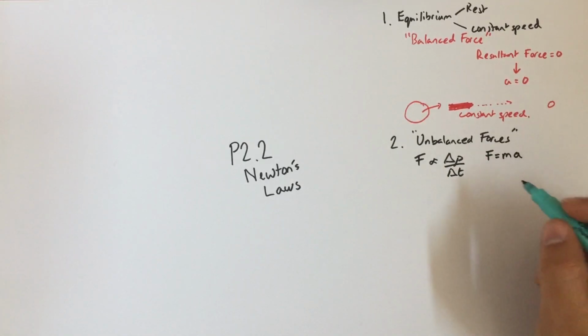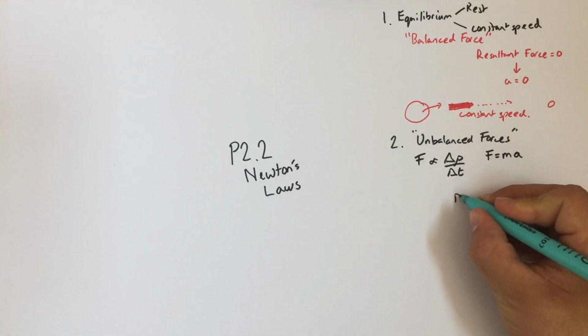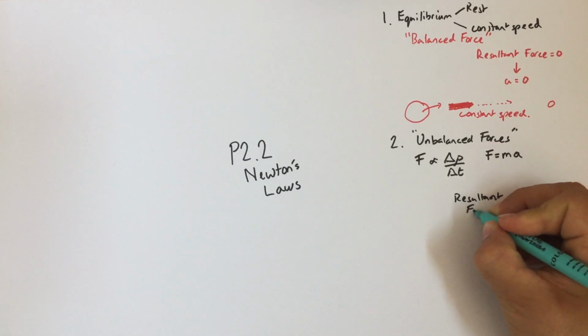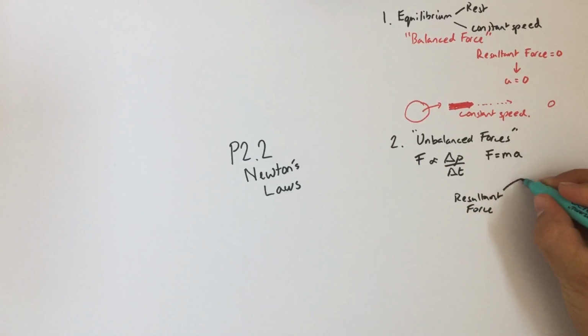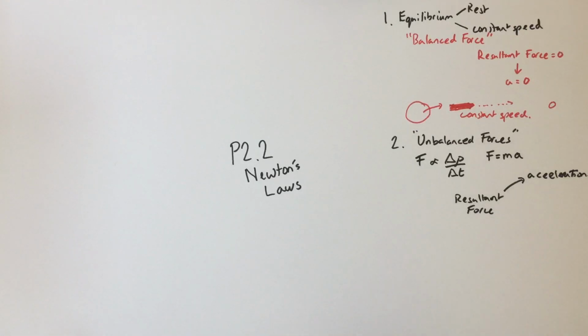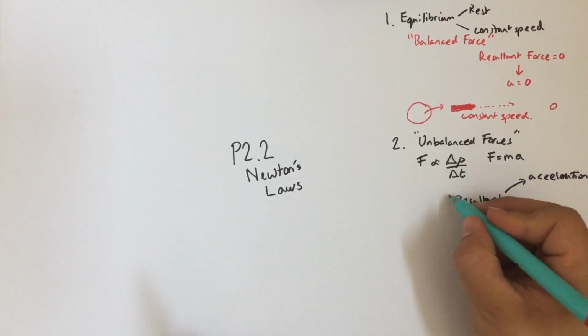But we can also write the outcomes of this in a slightly different way. If there is now a resultant force, that is going to cause one of 4 things to happen. It can cause an acceleration, so it can cause an object to speed up. It can cause the opposite, a deceleration, so it can cause an object to slow down.